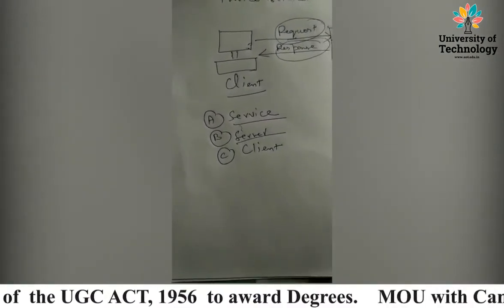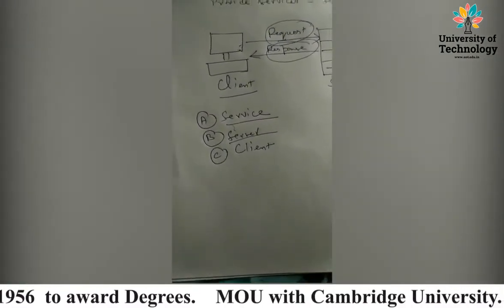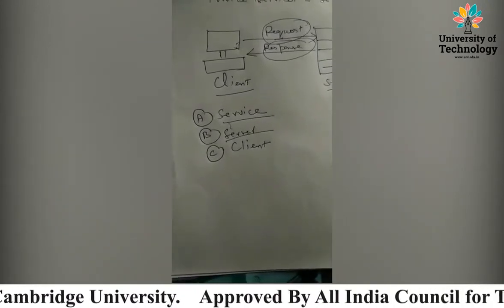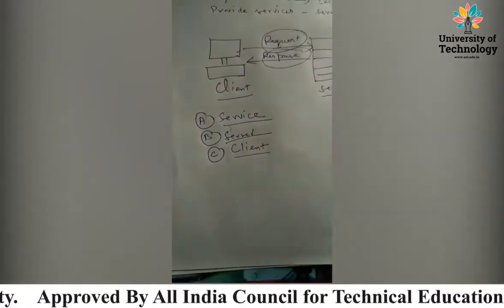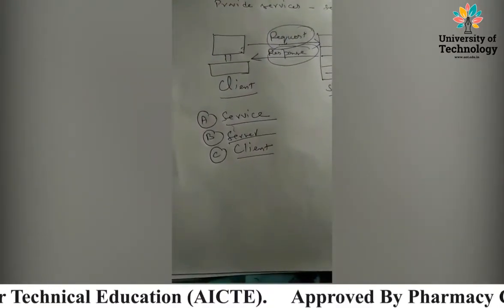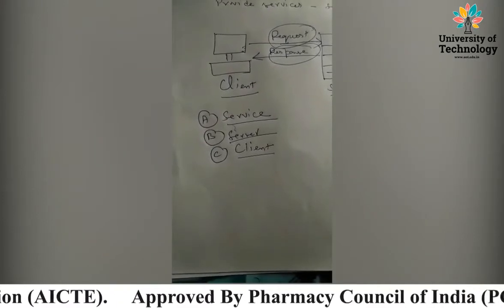So how do we define a server? A server is an instance of a particular service running on a single machine. Next, client. A client is a software entity that exploits services provided by servers.